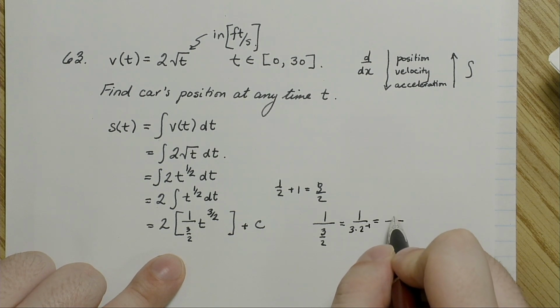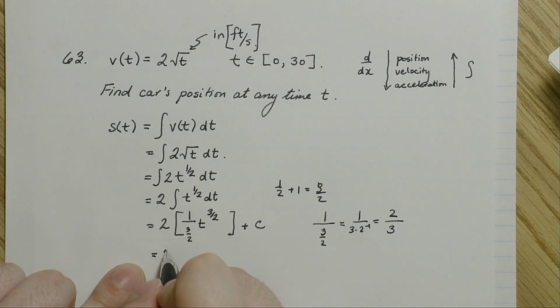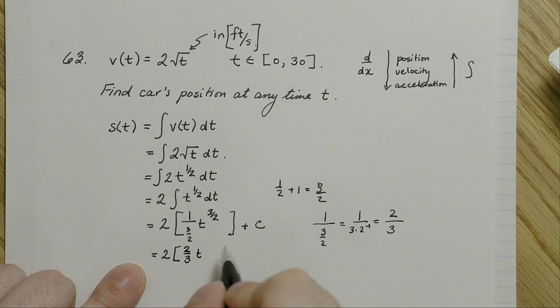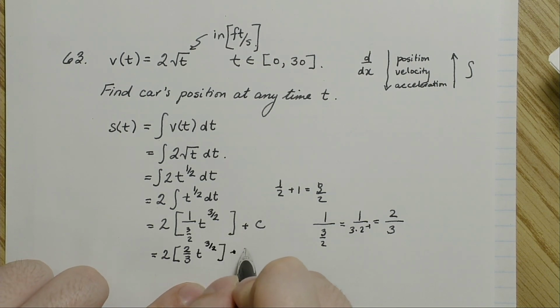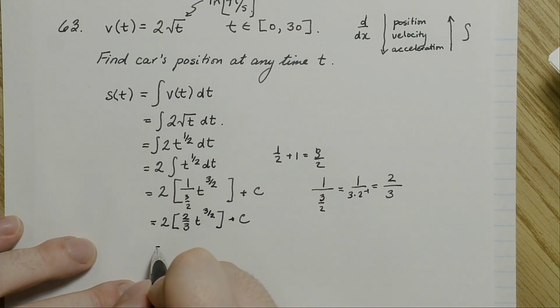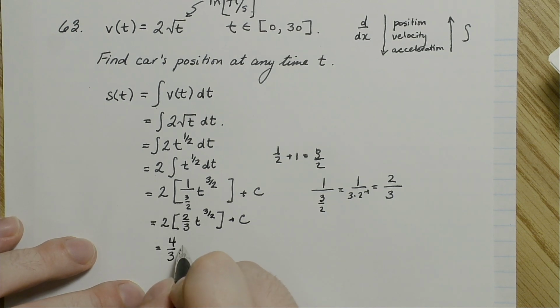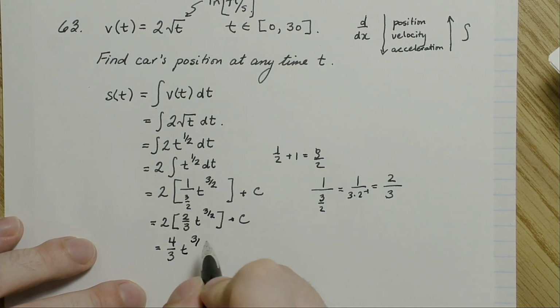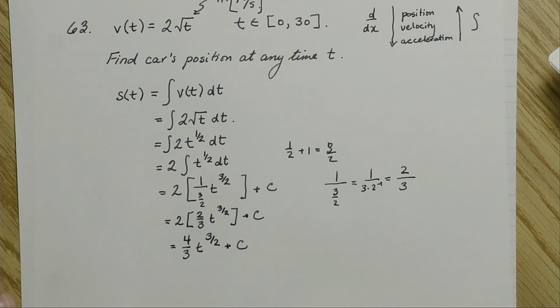I can bring that 2 up here, so it becomes 2/3 t to the 3/2 plus c. And I can simplify that. 2 times 2 gives me 4 over 3 t to the 3/2 plus c.